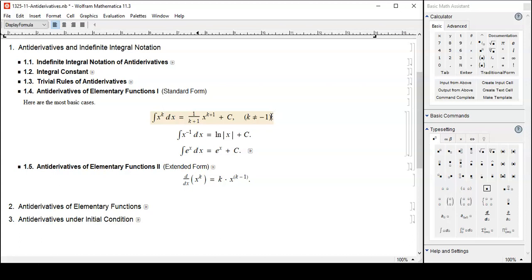It works every single time except for 1. When k is -1, this denominator is 0, so this entire thing will break down. And that's why we have the second rule down here. Let's see. What is the derivative of log function?